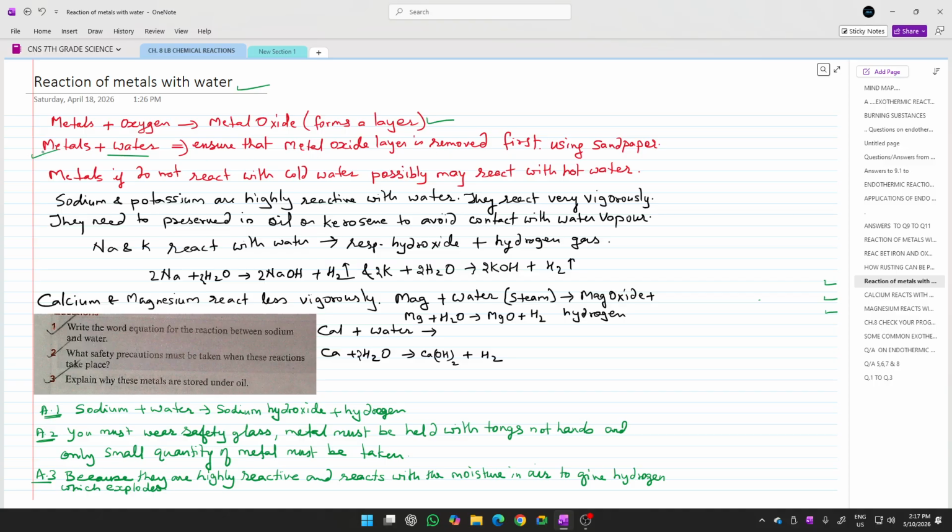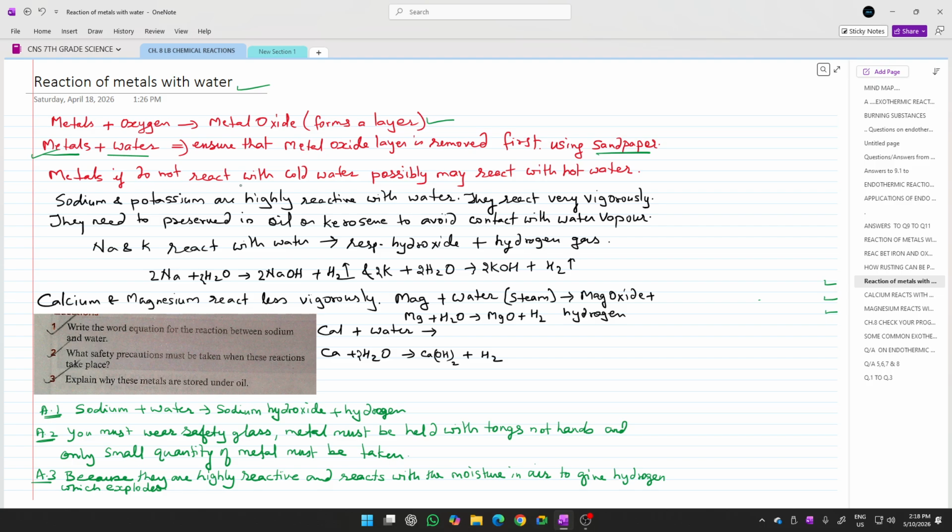If there is no metal oxide layer formed, then no problem. But if a metal oxide layer is formed, then you have to remove it somehow, and then treat that metal with water. First you can use some sandpaper or something like that to remove that metal oxide layer.